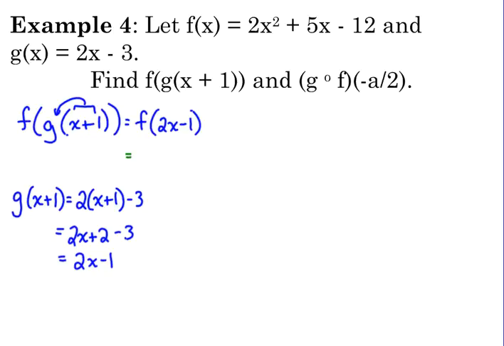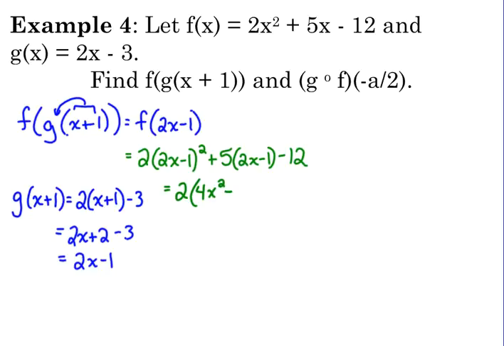Let me change colors. When we plug that into f, we get 2 times 2x minus 1 squared plus 5 times 2x minus 1 minus 12. We've got a FOIL, so we get 4x squared minus 2x minus 2x is minus 4x plus 1. Distribute the 5.